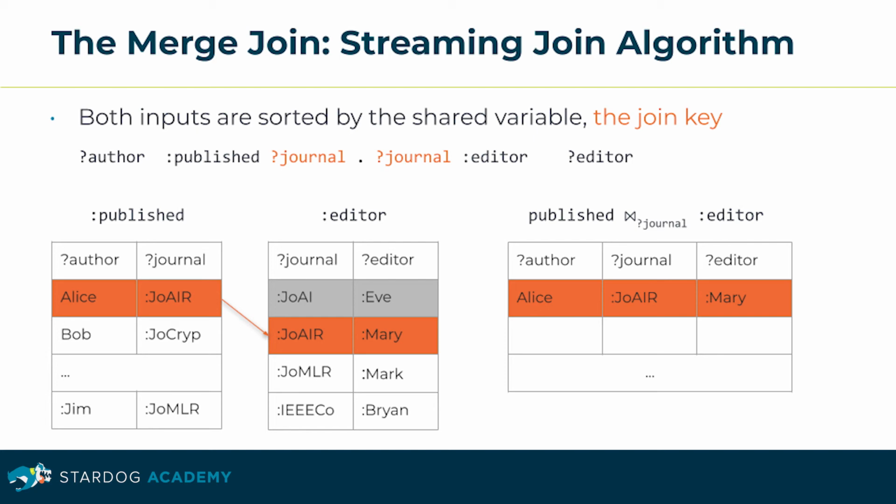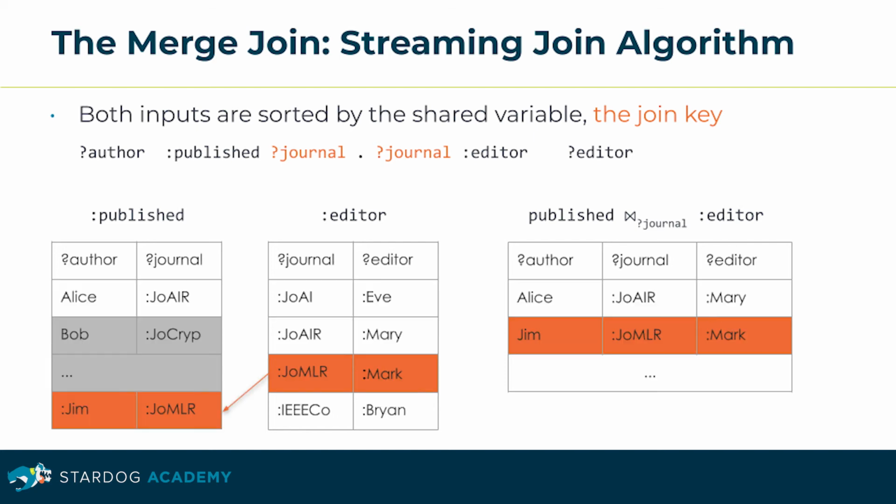When the match is found, the joined result is generated as seen in the right-hand side table. If the current value of a join key on the right, for example, Journal of Machine Learning Research, is greater than on the left, it runs the binary search over the sorted left relation again till the match is found. And when it is found, the next result is generated. And this process repeats till one of the relations is scrolled till the end.